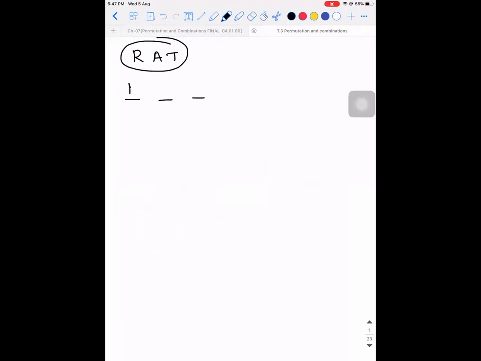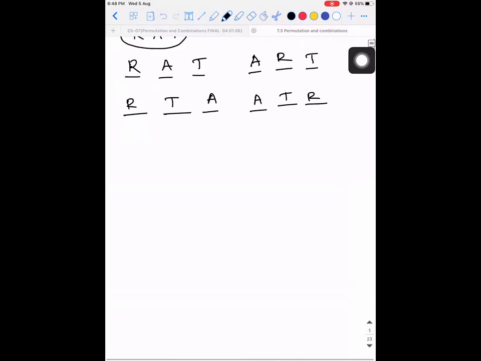So what can you do? You can keep R fixed. RAT is one word. You can keep R fixed, RTA is another word. Similarly, you can keep A fixed. ART is another word, ATR is another word. Similarly, you can keep T fixed. TRA is one word, TAR is another word.